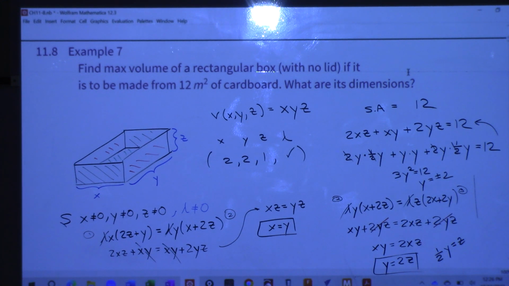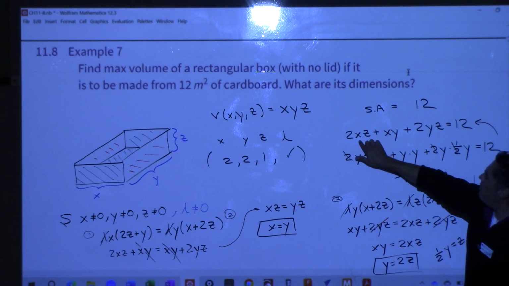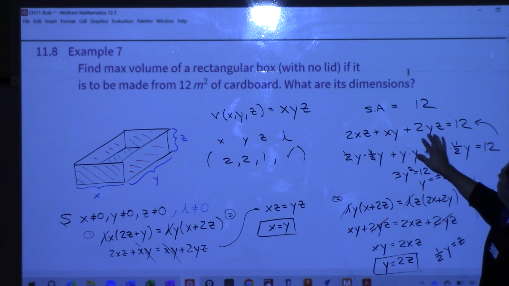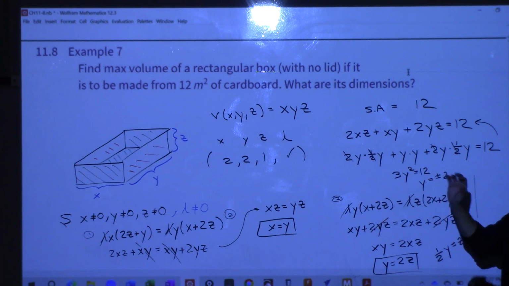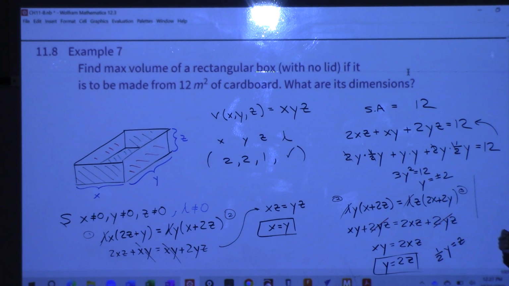Got to be a max, because we already know if you let x, y, or z be 0, you get a volume of 0. Oh, but can you let x, y, z be 0? Yeah, look, if I let x be 0 and y be 0 into this, is there a solution? You get a solution. It's not a box, but that's the extreme, right? The volume is 0. So that's how I know this is a max.